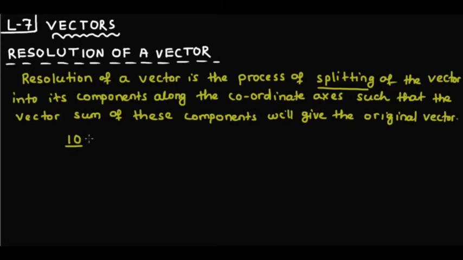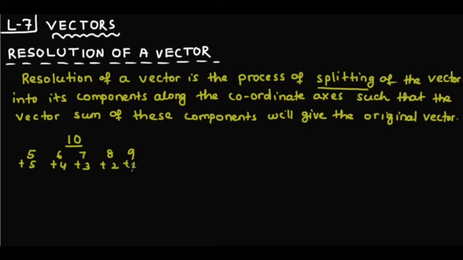So you can split the number 10 in many ways. You can write 5 plus 5, or 6 plus 4, or 7 plus 3, or 8 plus 2, or 9 plus 1.